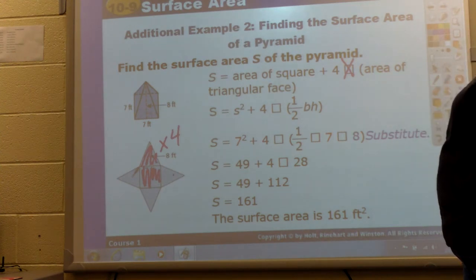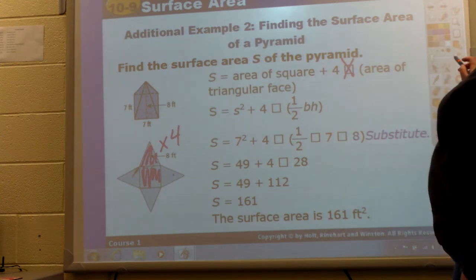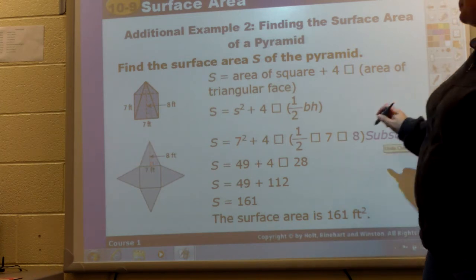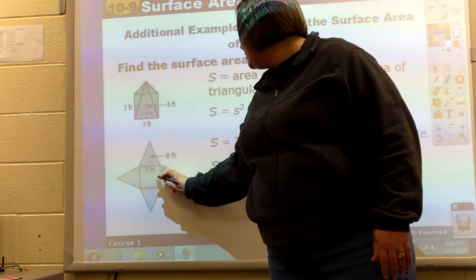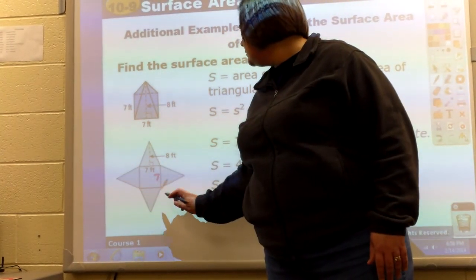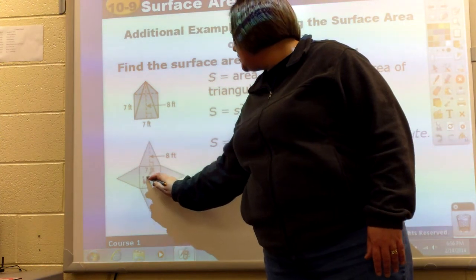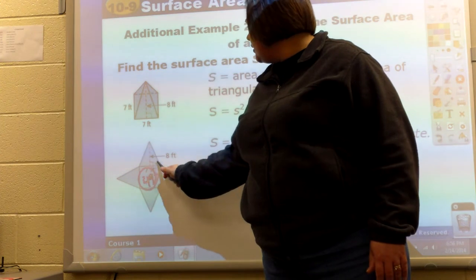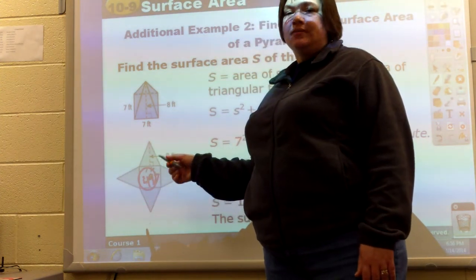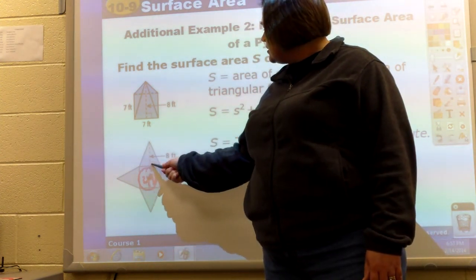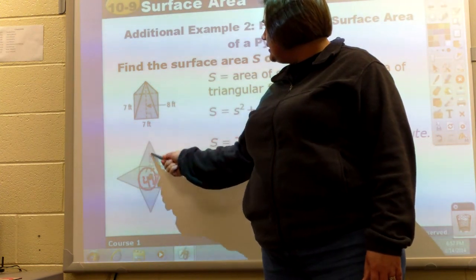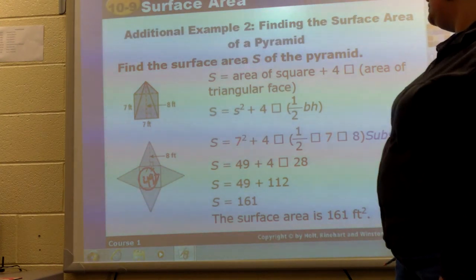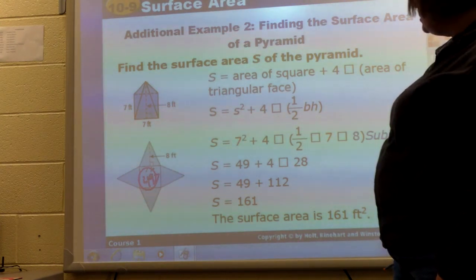Then you can add this times 4 plus this to get your total. So for the base, the base is going to be 7 by 7. So 7 times 7 is 49. And then our triangle, remember, is base times height divided by 2. So 7 times 8 is 56. 56 divided by 2 is 28.